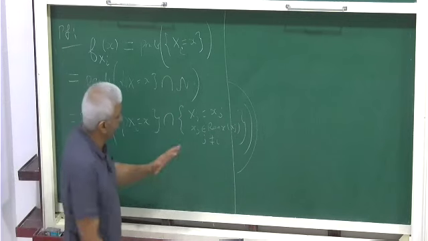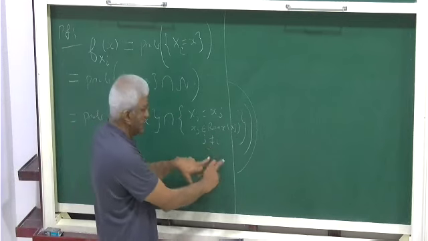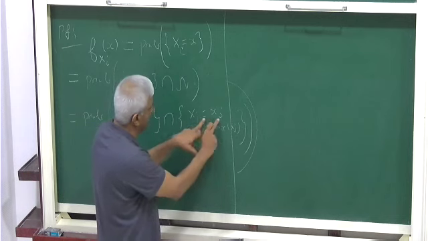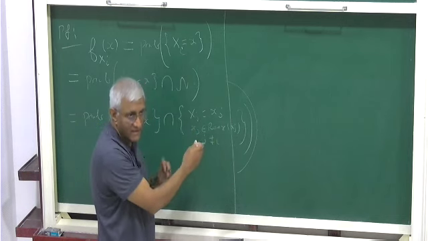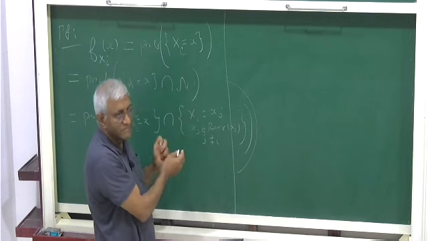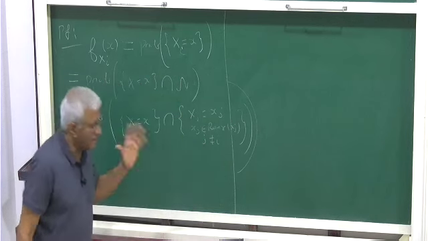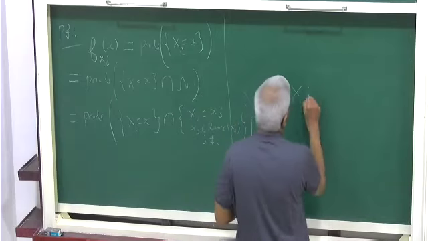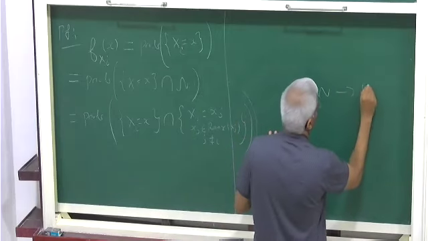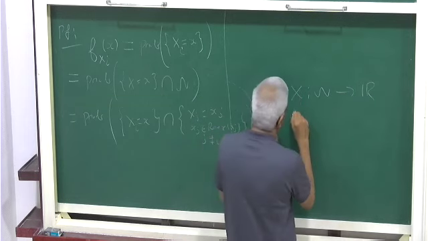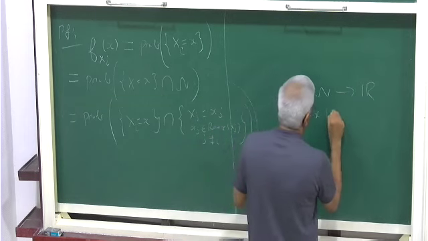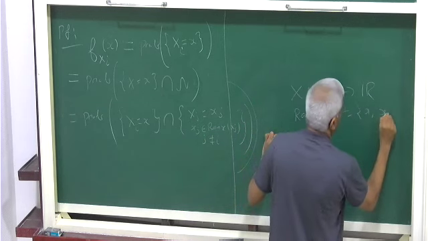You take all j except i, X_j equal to x_j, where x_j is in the range of X_j, it varies over that, right? I mean, I'm saying that if you have some function from omega to R, the range of X is x1, x2 like this.